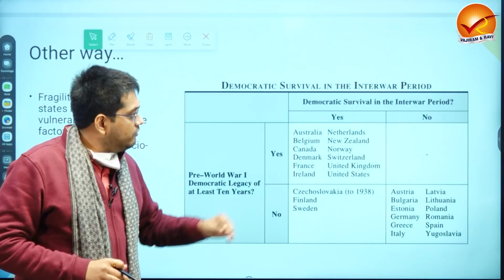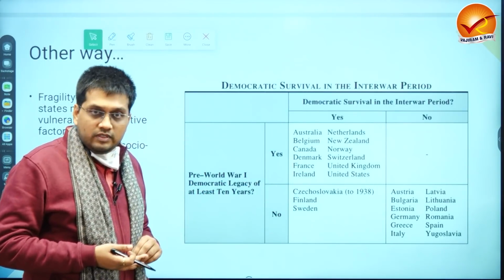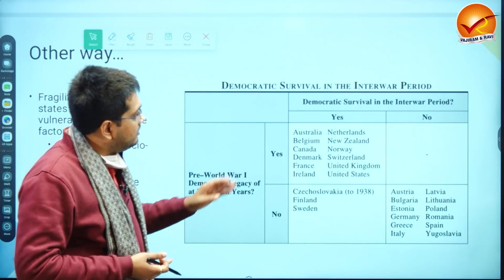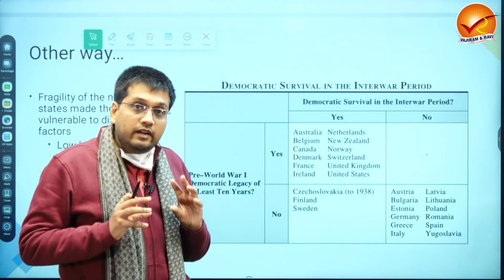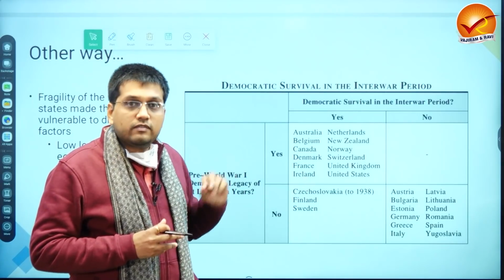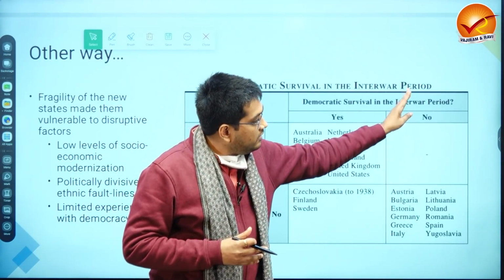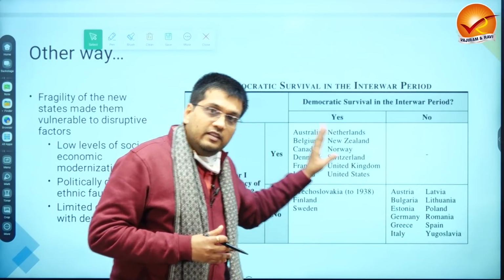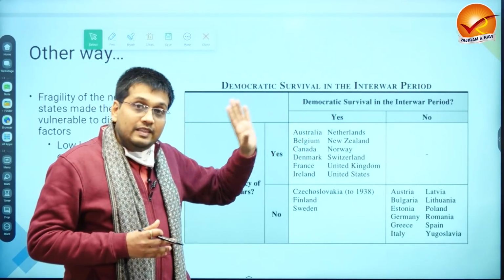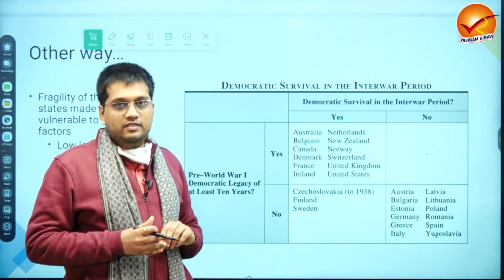So I have two types, one which are very old, and ones which emerged after the end of World War I. And then I can see this table: did democracy survive or did it not survive? So what I see when I do this kind of analysis is that the newer democracies are the ones which have largely not survived. And the older democracies, although they also faced the problems, somehow managed to survive.